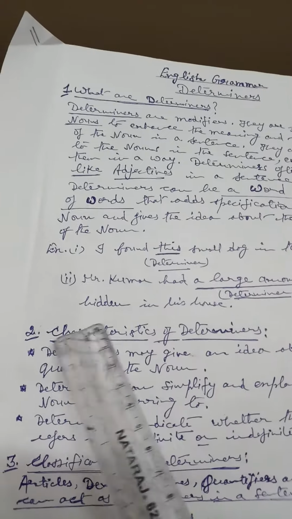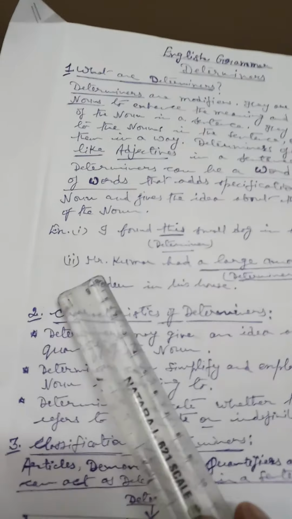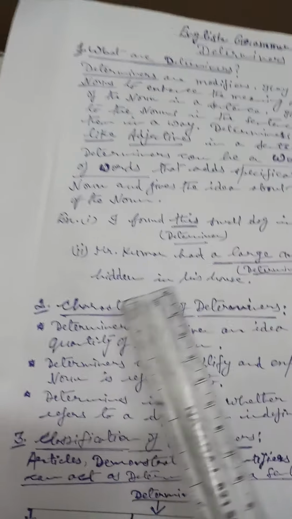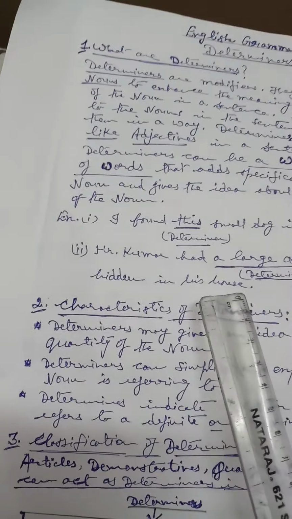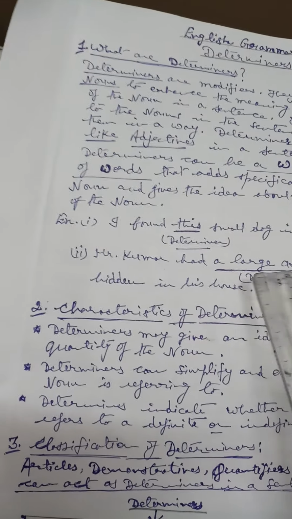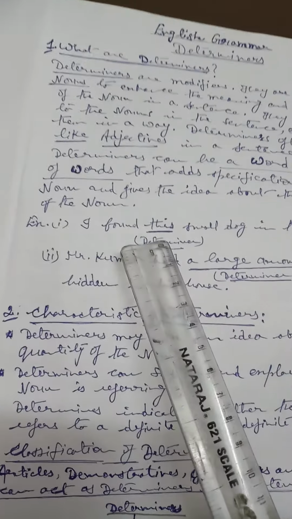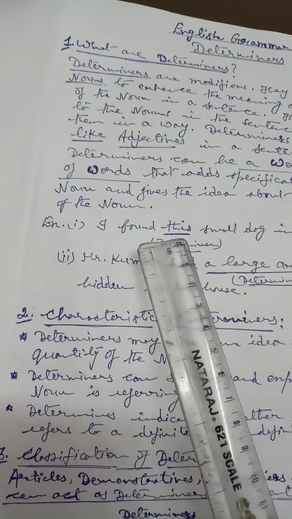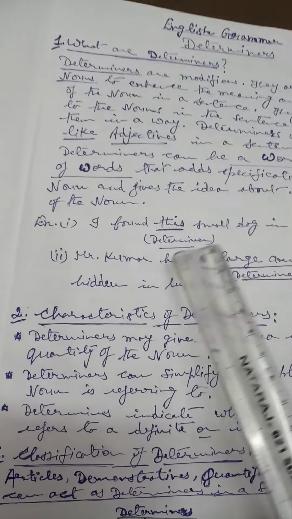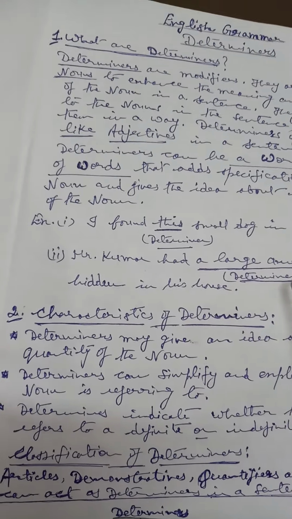Now second example. Mr. Kumar had a large amount of money hidden in his house. Now you can very well see that here the determiner is a group of words. In the first sentence it was a single word determiner. In the second example it is a group of words determiner: a large amount of.